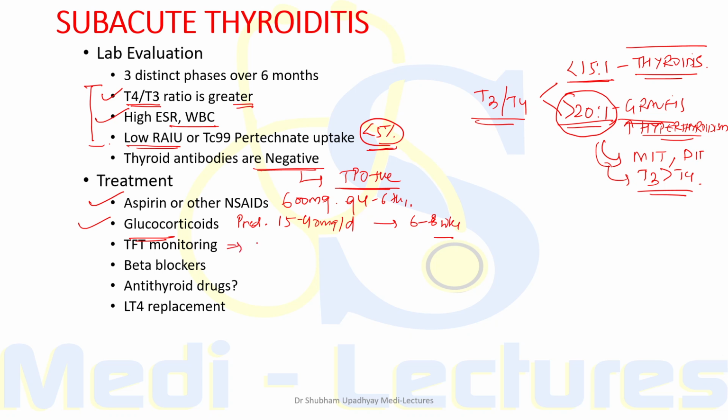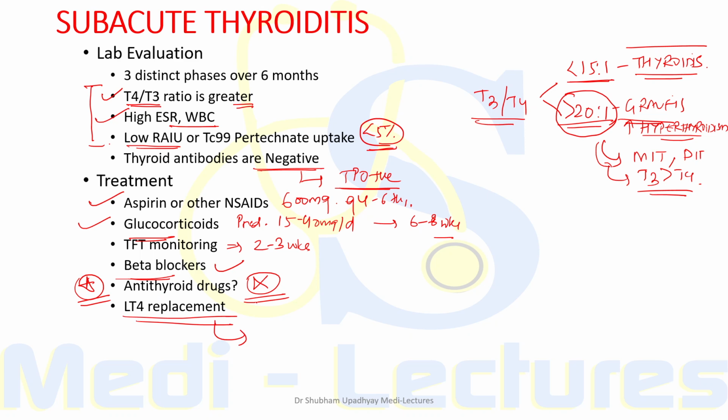Thyroid function monitoring has to be done every 2 to 3 weeks. Beta blockers can be given for the symptoms of thyrotoxicosis. It is very important to note that there is no role of anti-thyroid drugs in the treatment of the thyrotoxic stage of thyroiditis. But levothyroxine has to be given if the hypothyroid stage is prolonged.